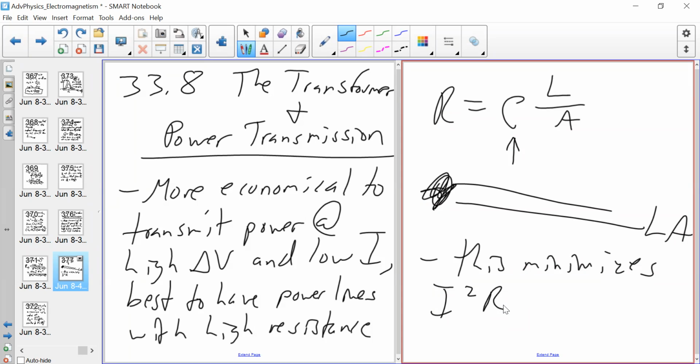Now you could do it the other way, high current, low voltage, but that's not economical. You might run into risk of disaster with high currents. So this is basically an agreed upon standard. We want our power stations to pump out high voltage and use high voltage, low current transmission.